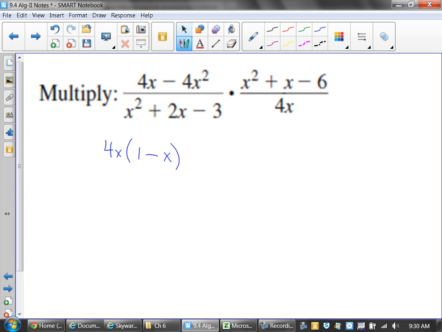Does everybody agree? Okay. The denominator there. What times what's negative 3 that adds together to get positive 2? Good. X minus 1, x plus 3. Next numerator. What times what's negative 6 that adds together to get positive 1? Very good.